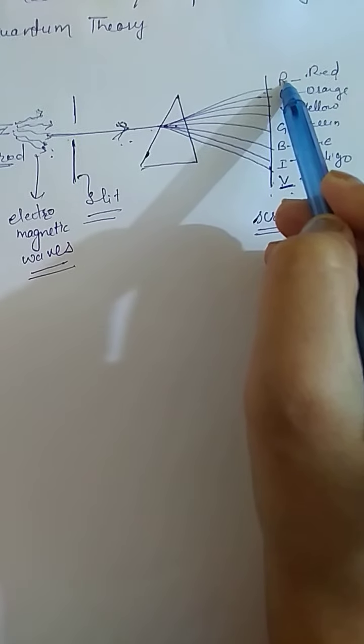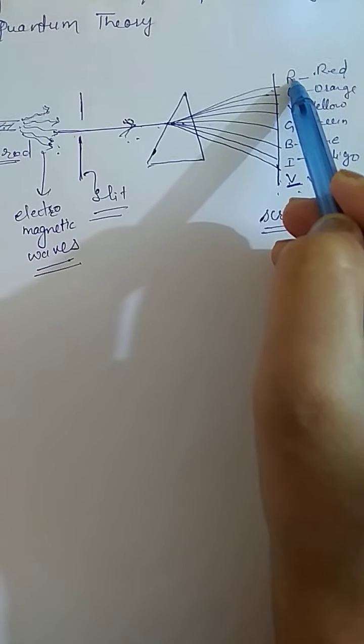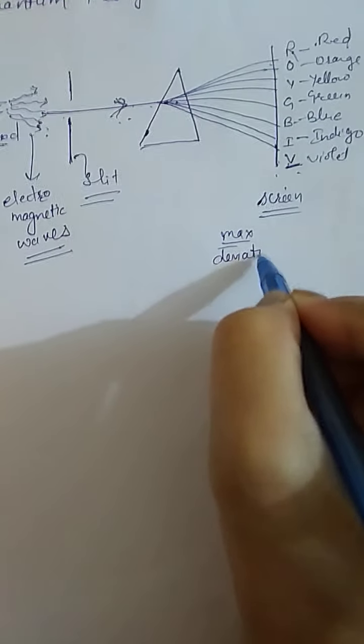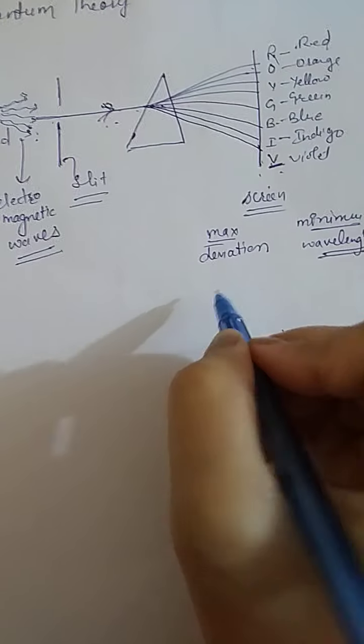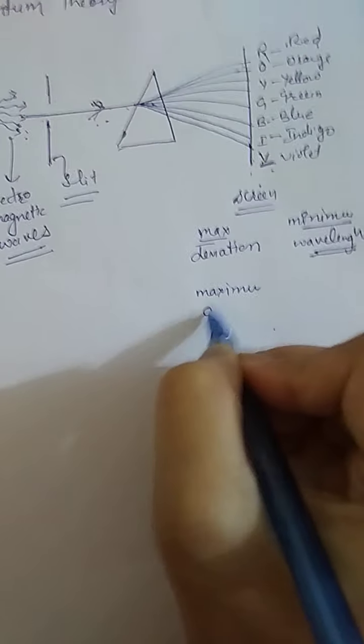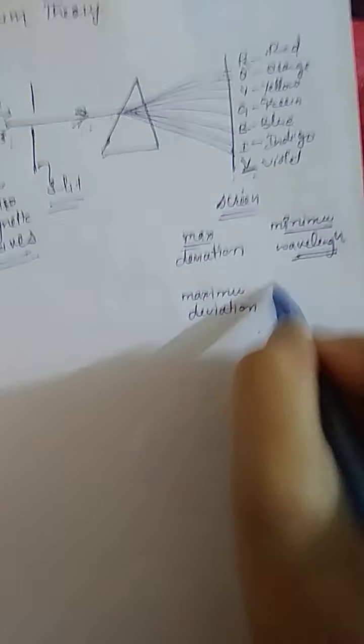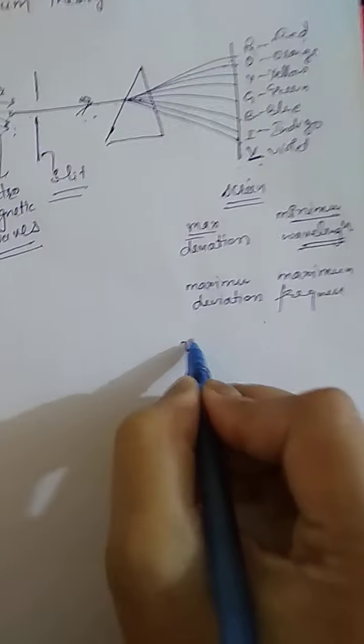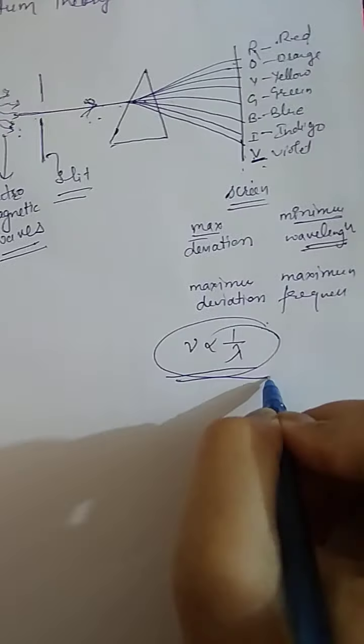There is an inverse relationship between the deviation and wavelength. Maximum deviation, minimum wavelength. Inversely, you can also say maximum deviation, maximum frequency, that is, frequency is inversely proportional to wavelength.